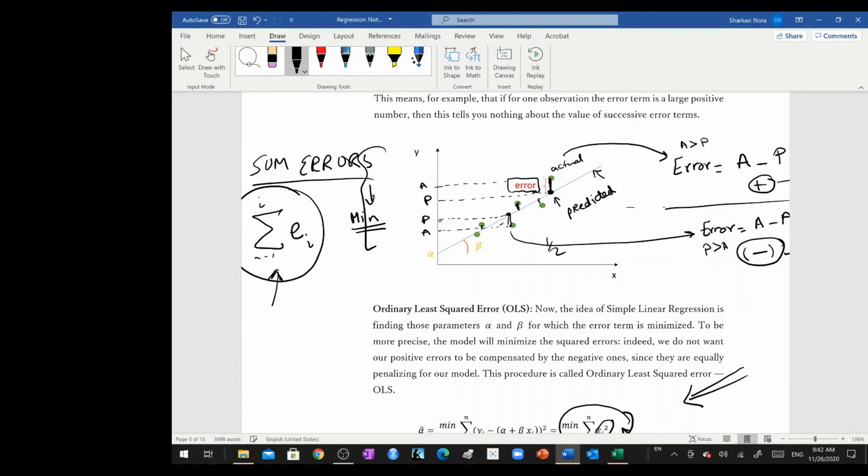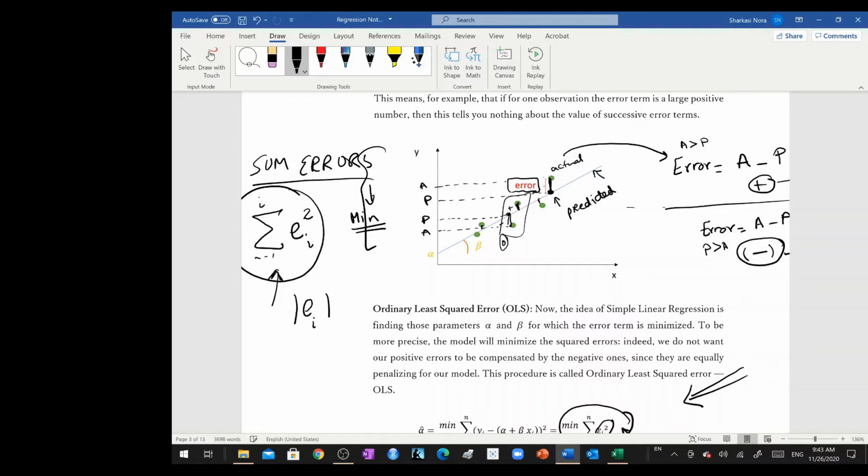We might get half of the real distance, just because this distance is negative and this distance is positive, so they cancel each other out. If they are equal, the sum will be 0. So we are missing out on these errors. For the purpose of avoiding the signs, we actually square them. Some of my students ask me, why don't we use the absolute value?